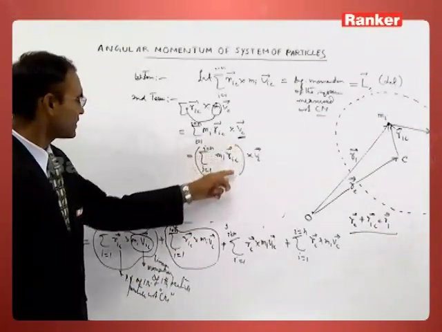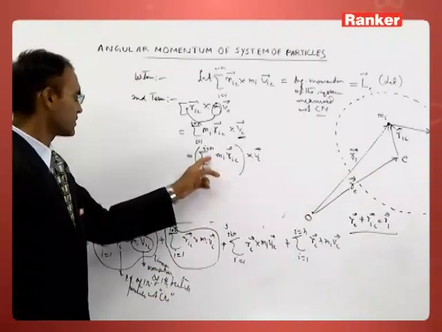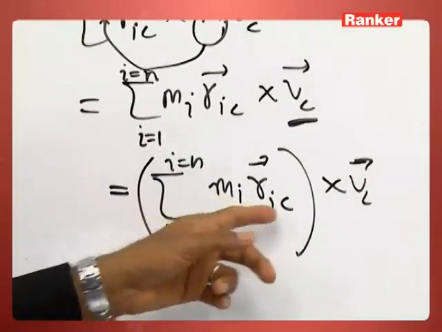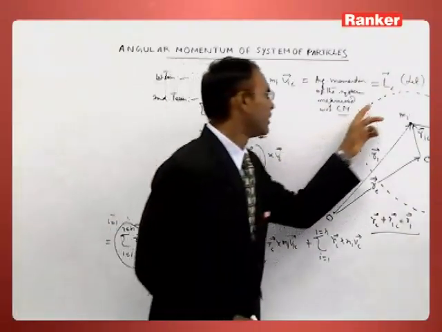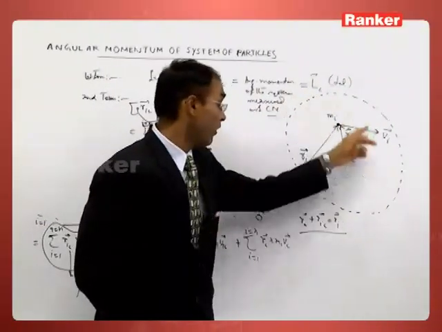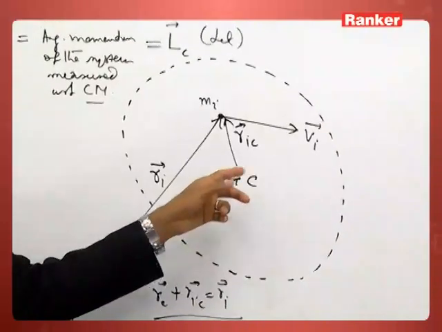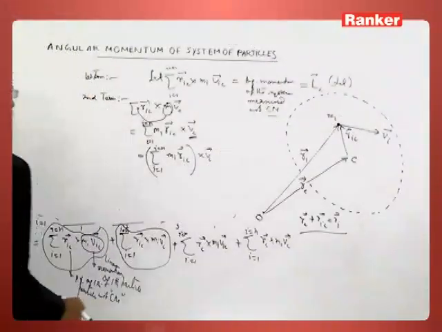And this quantity is the sum of the first moments of the masses, the sum of first moments of all the particles measured with respect to the center of mass.